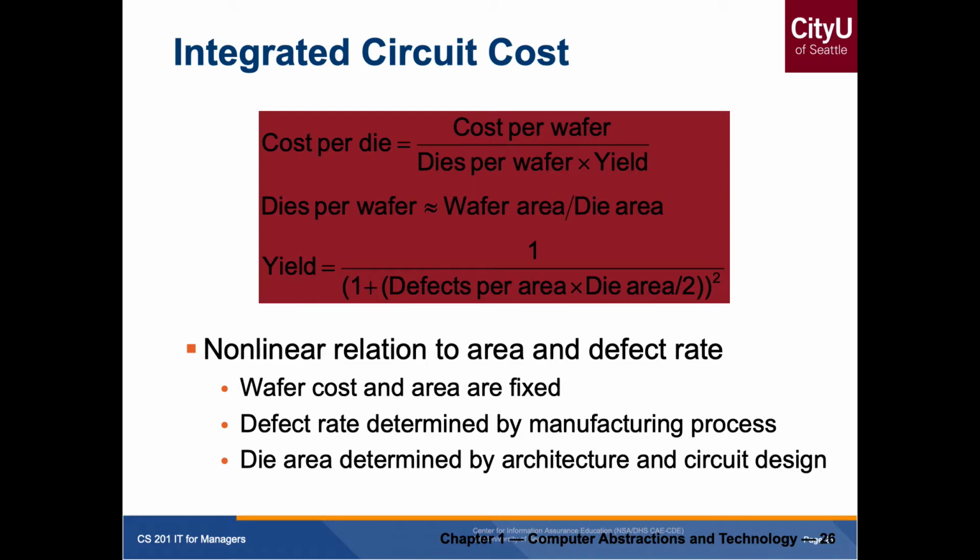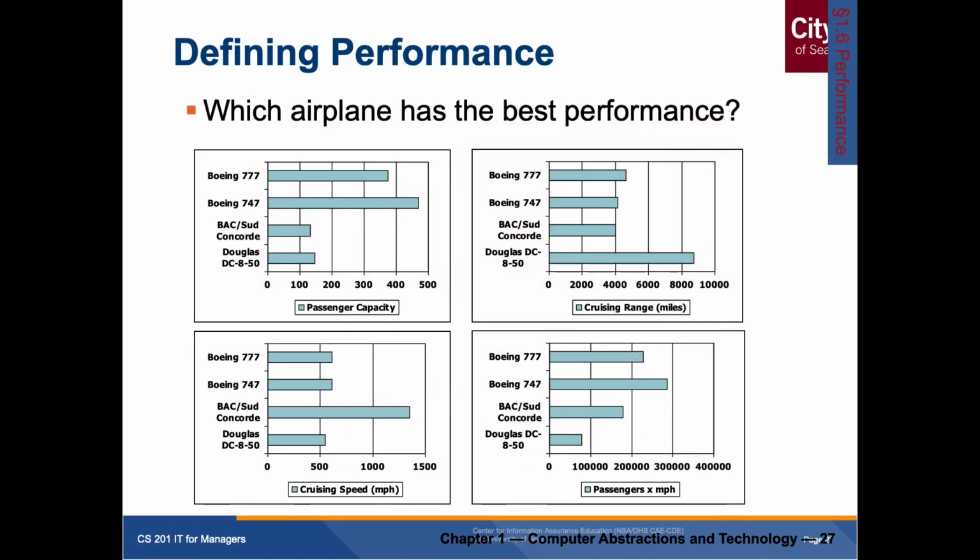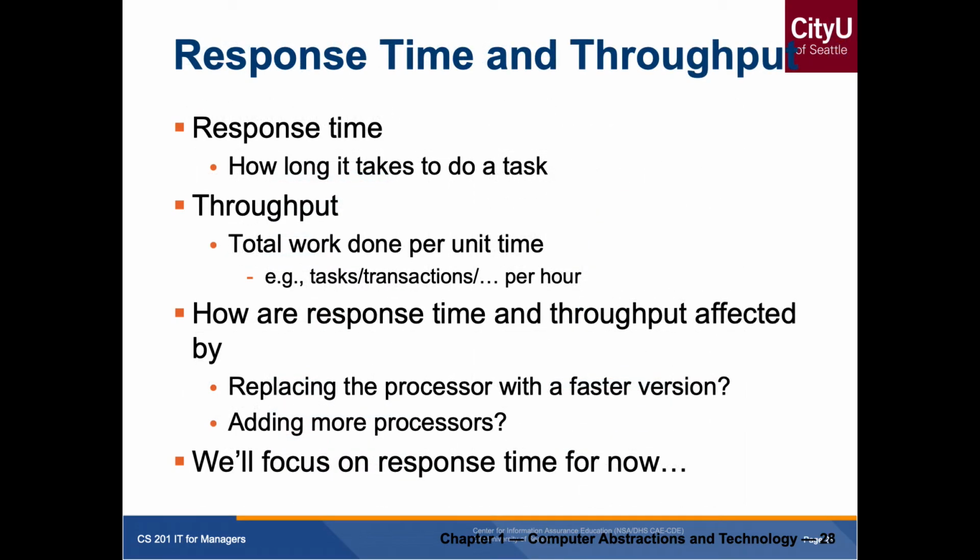Here's the cost for integrated circuit, right? You can just read about those. Check these graphs as well for performance. And there's a different way to define performance. Again, always think of the trade-offs. Response time, throughput.